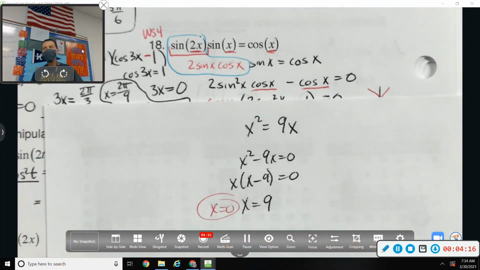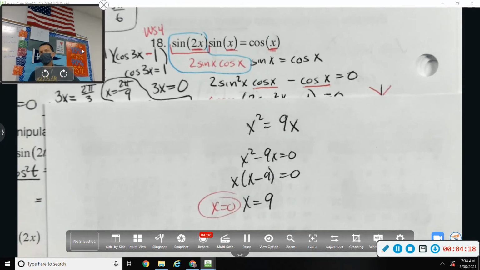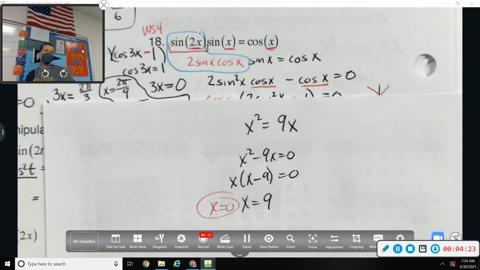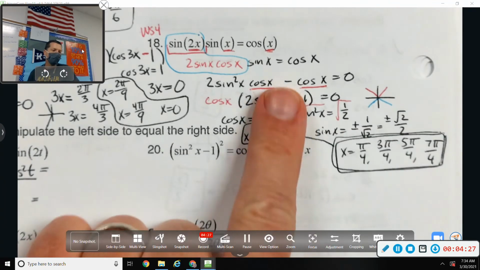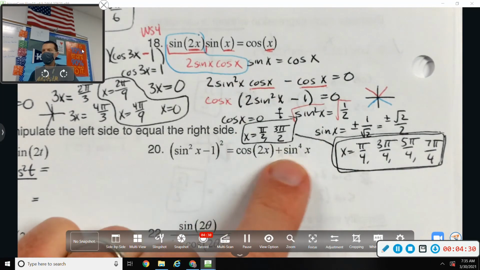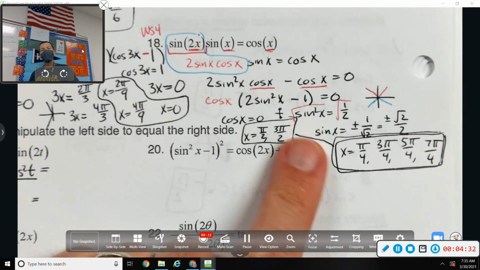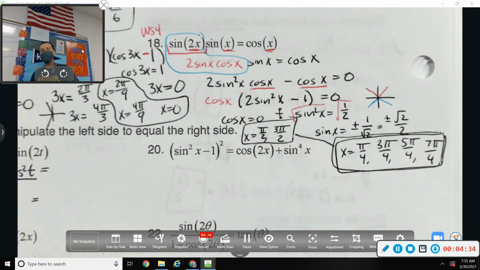So if you divide by a variable, you lose that solution. So the solutions you get are accurate, they're just not complete. Again, that happens a lot because it's really tempting right here to be like, I can divide by cosine and simplify my problem. Well, yes, but oversimplify and lose answers.